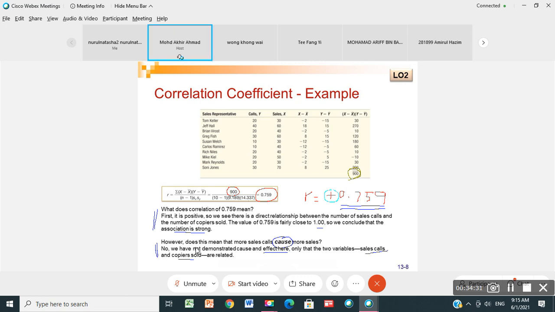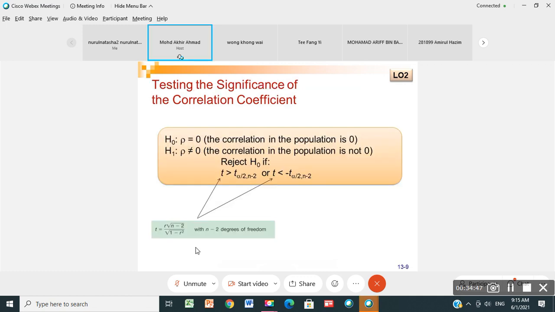Because the two variables are related, but not necessarily by cause. We only want to see that they have a relationship. So how about the cause? We use another method, called the test of significance of the coefficient of correlation, small r.